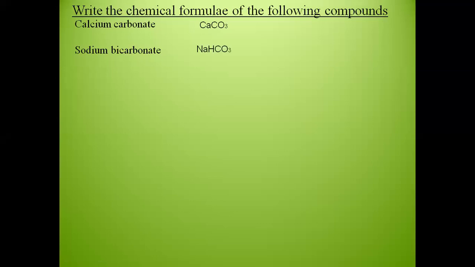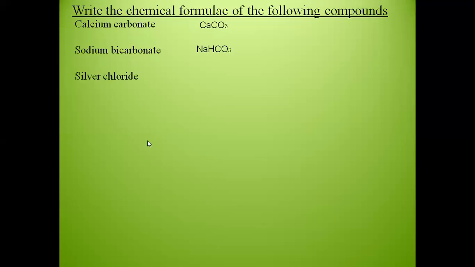Sodium is having valency 1, HCO3 together having valency 1. When you crisscross, we get the answer as NaHCO3. This is a textual question. These are the questions which are given in your exercise as well. So if you are able to do it, it'll be very good. You'll be directly solving the exercise questions also.